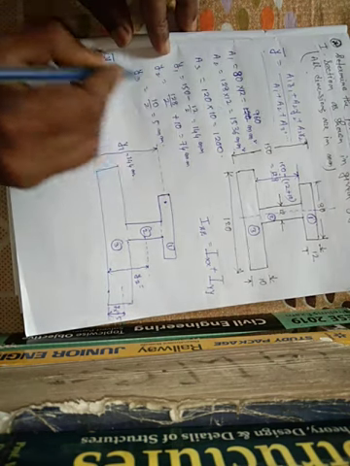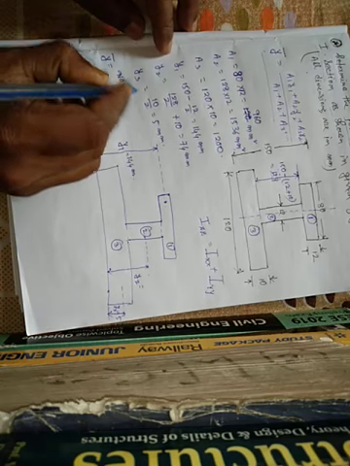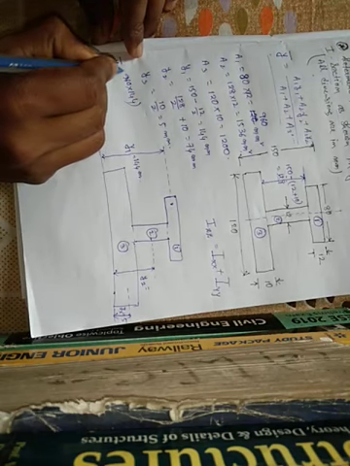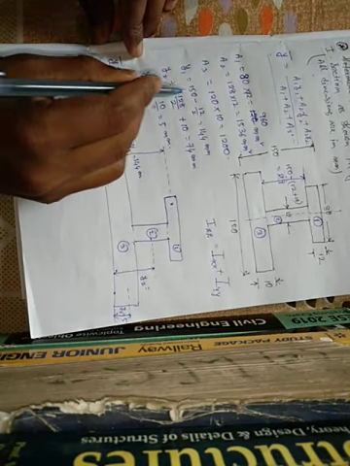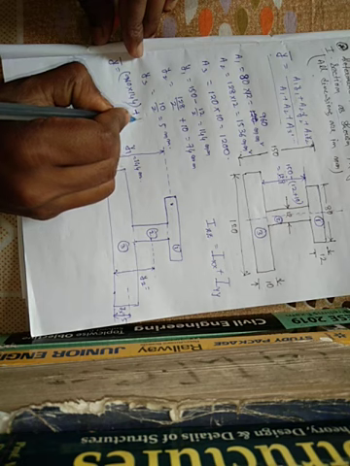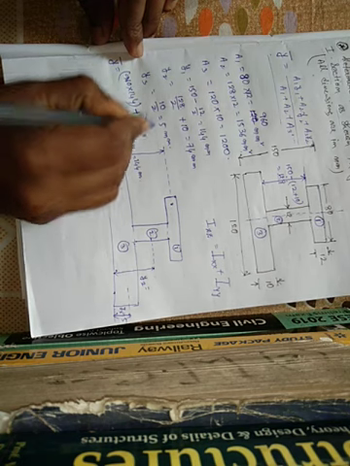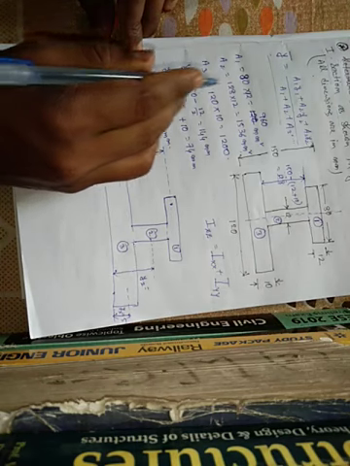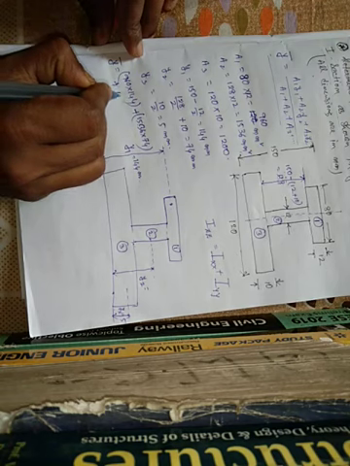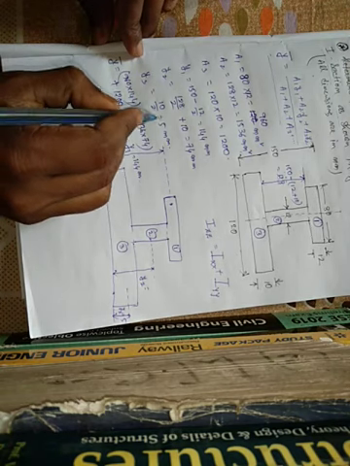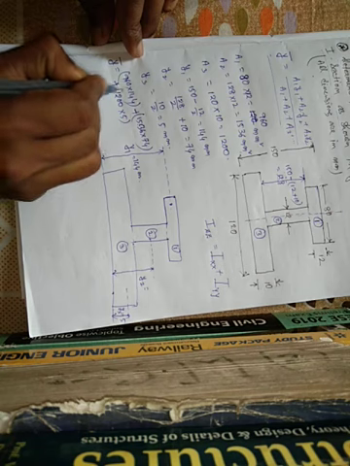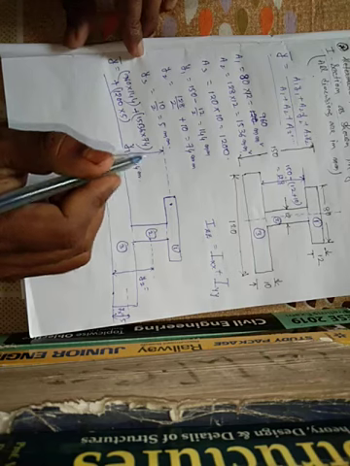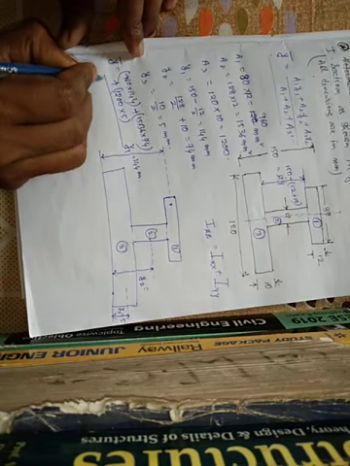A1 is equal to 960 into y1 is equal to 144, plus A2 is equal to 1536 into y2 is equal to 74, plus A3 is equal to 1200 and y3 is equal to 5. Total whole divided by A1 plus A2 plus A3.